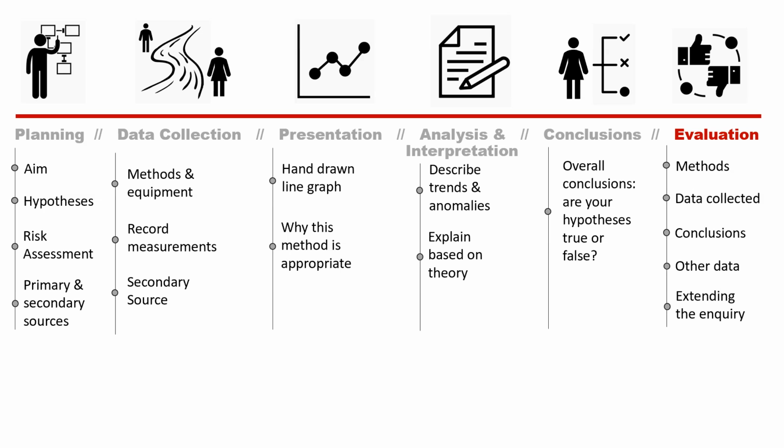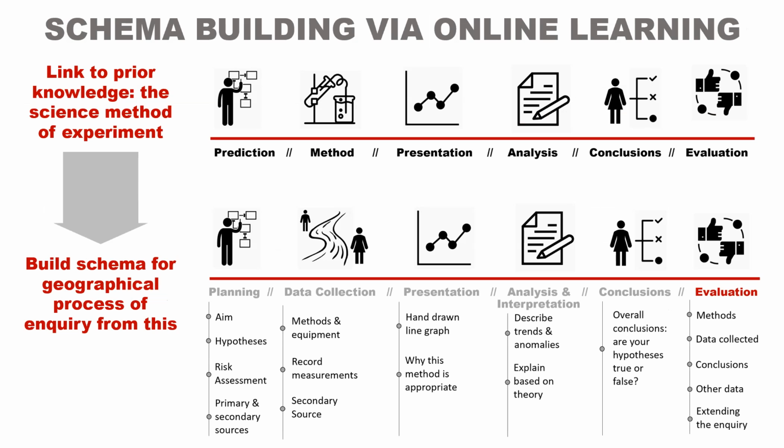This is the thing that organizes their learning. This is the thing that gives them that structure and those hangers to hang the detail on. And because I linked it through to the science process first of all, hopefully what I'm doing is activating the prior experience and learning that they've got in such a way as it helps them to build this new information, this new knowledge schema that's coming in for this one.